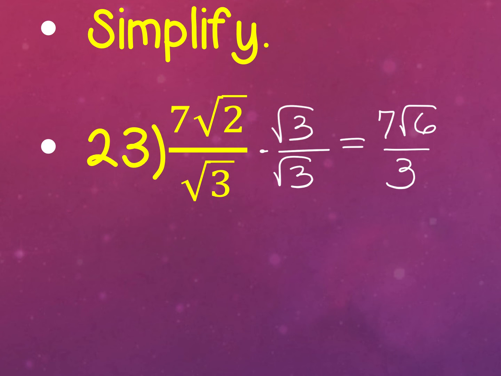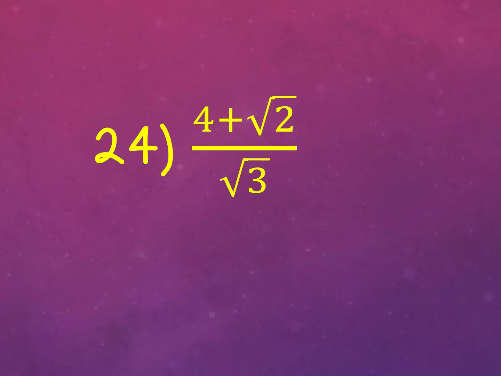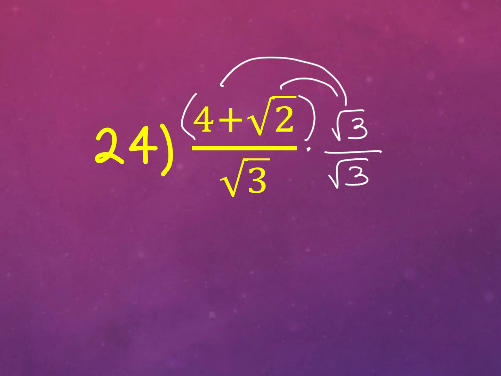Going to do the same thing on number 24. My goal again, in 24, is to get rid of the square root of 3 that's in the denominator. So I'm going to multiply the top and the bottom by the square root of 3. So really what I'm doing here is distributing the square root of 3 to both of these.